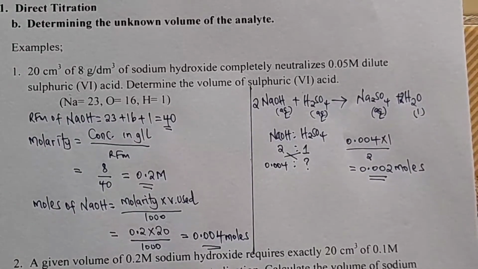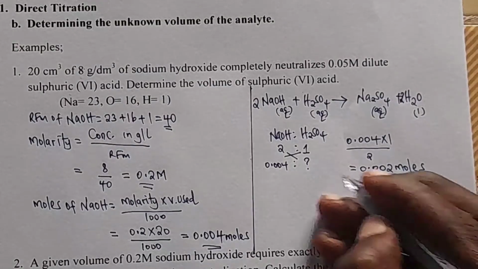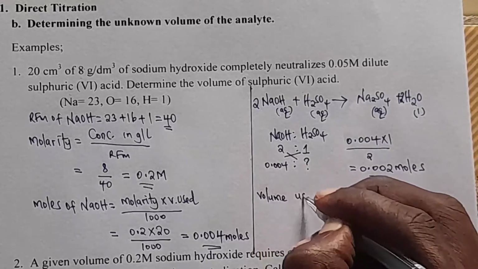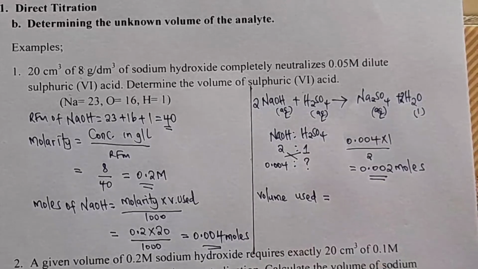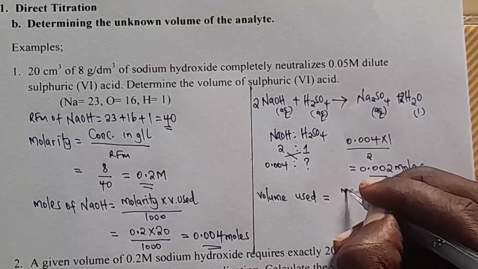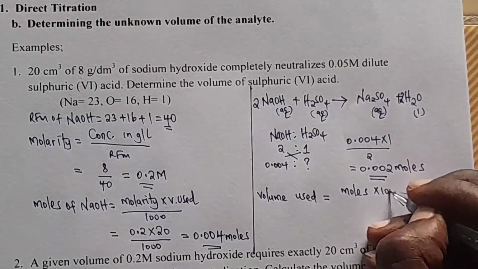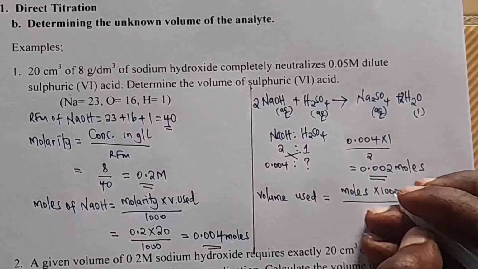Next, we are supposed to calculate the volume of sulfuric acid. We can use the formula where volume used is equal to moles times 1000 over molarity.